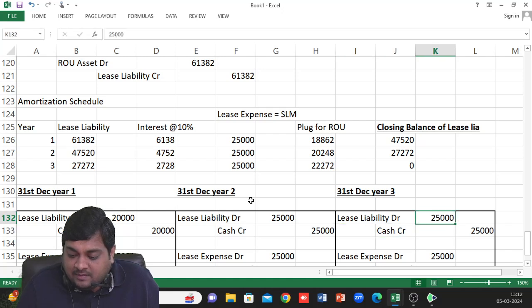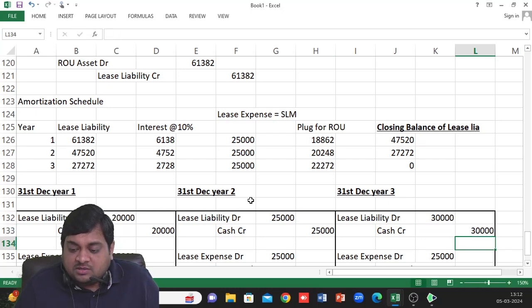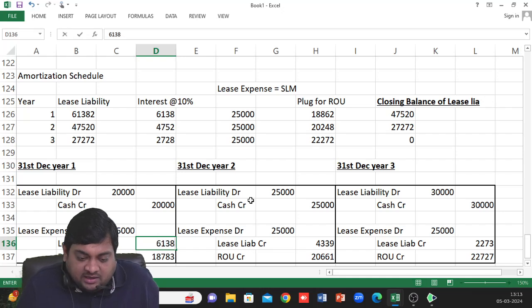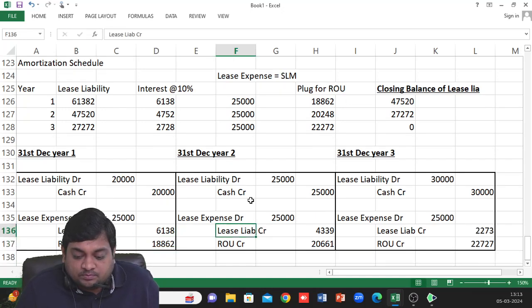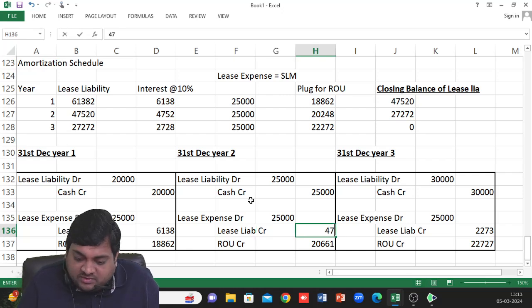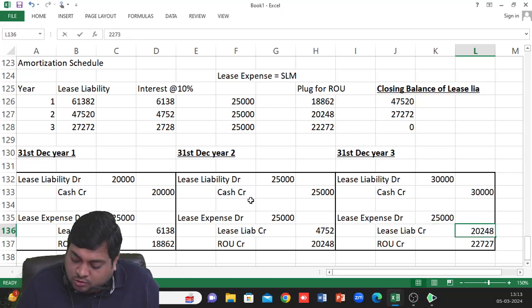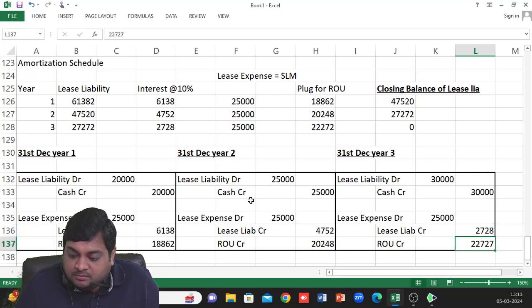And finally we will make 30,000. Lease expense okay, 25 each year. Interest expense 6,138. Plug is 18,862. Interest expense 4,752. Plug is 20,248. Interest is 2,728. Plug is 22,272.